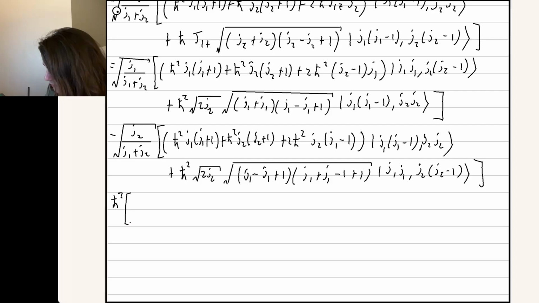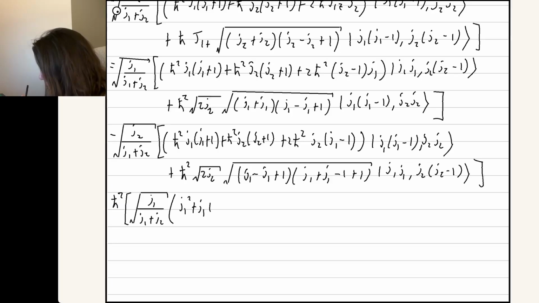So that is going to be square root of J1 over J1 plus J2. We have this J1 squared plus J1 plus J2 squared plus J2 plus 2 J1 J2, or actually minus 2 J1.